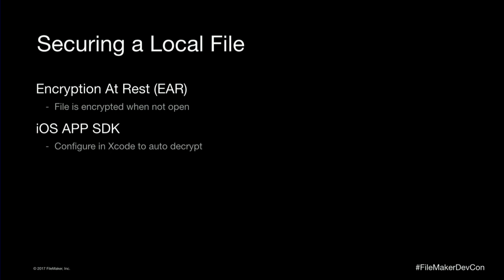Part of the iOS SDK kit is that you can tell it, I'll show you, what your encryption key is, and then it compiles it. That way, when they open that app, the app is managing the key. The person never knows the key. It just auto-opens an encrypted at rest file. Okay.